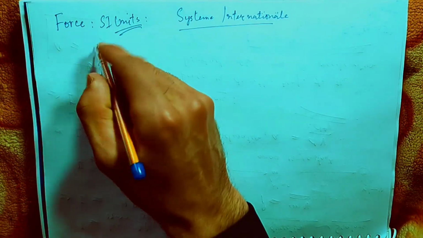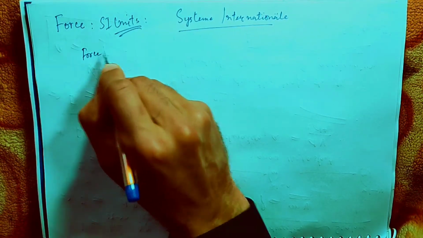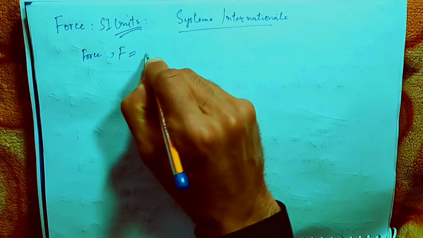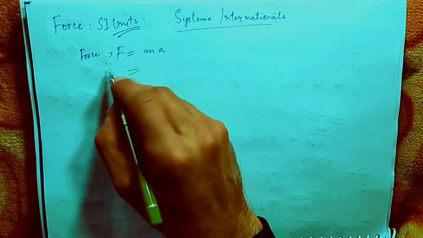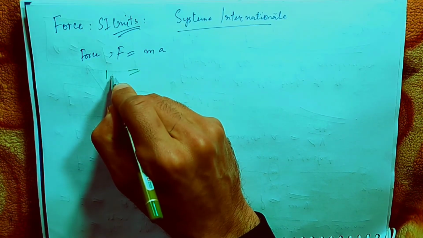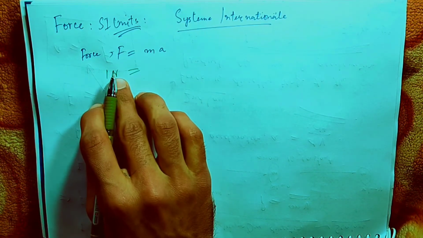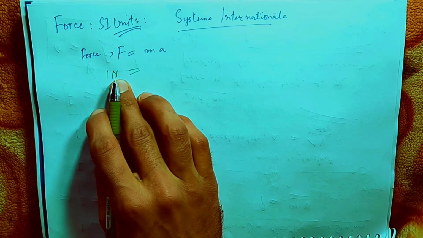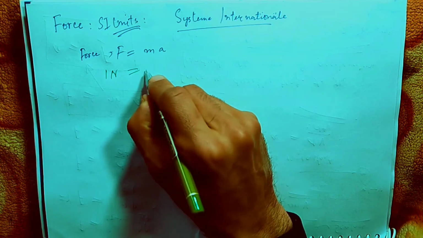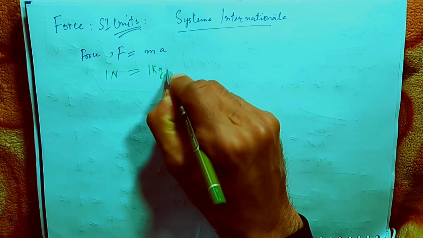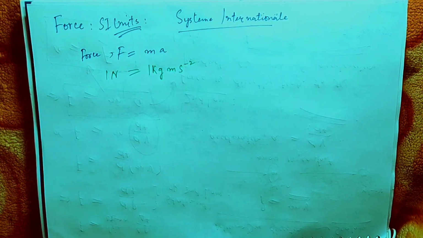So the SI unit of force, where F is equal to MA, is the Newton. I have told you it is shown in terms of newtons, and 1 Newton is equal to 1 kg meter per second square.